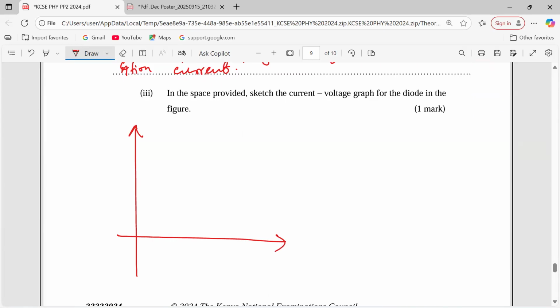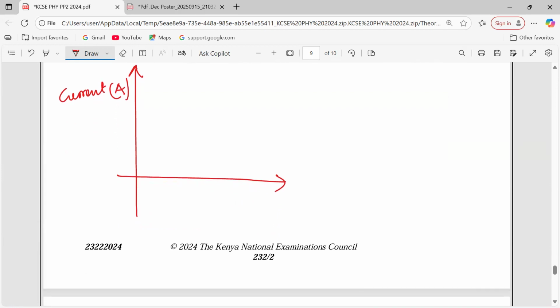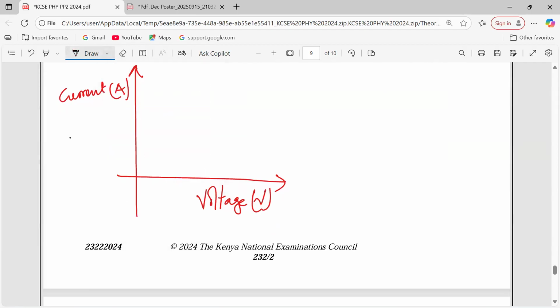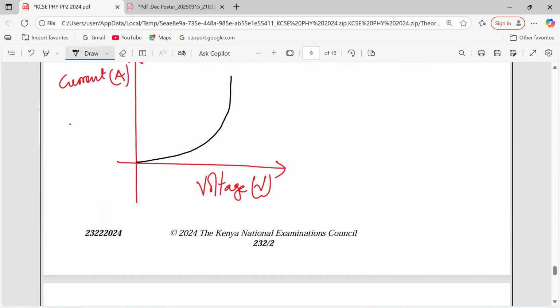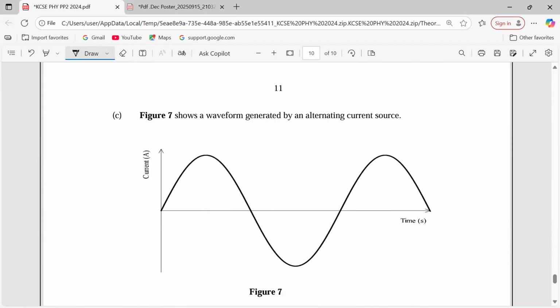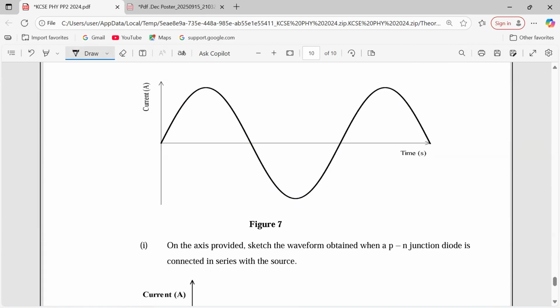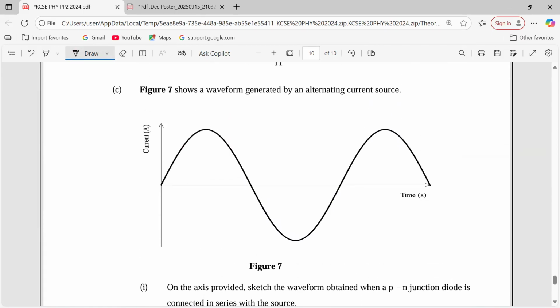You have current in amperes, sometimes milliamperes, then the voltage in volts. This is how the graph shall be. You should be able to sketch such a curve, and refer to the KLB to see all the graphs under electronics.